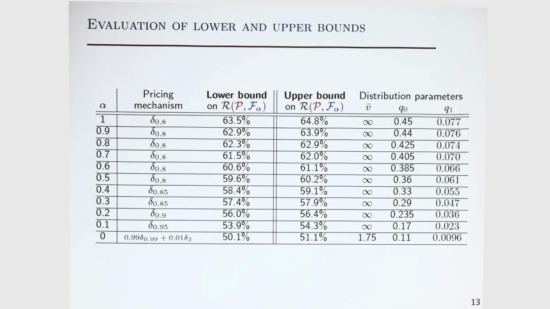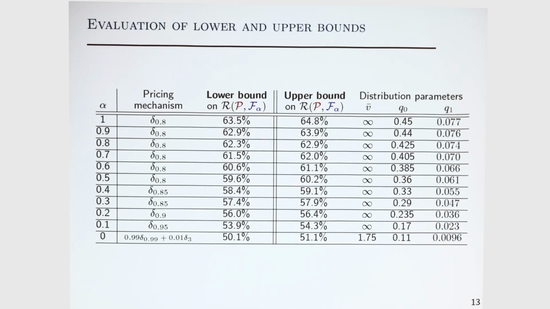And here in this table, I will just show you some last minute. One important thing is that we're able to explicitly find the near optimal mechanism and its structure, as well as the structure of the worst or near worst case distribution.